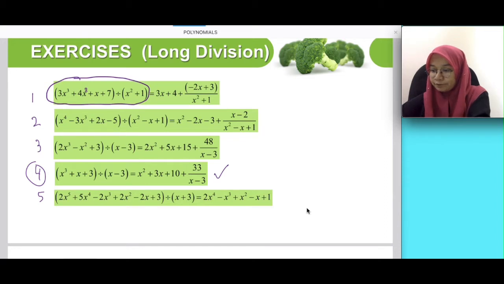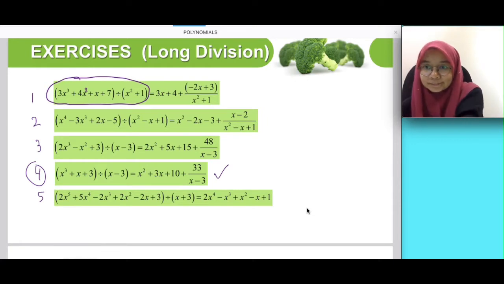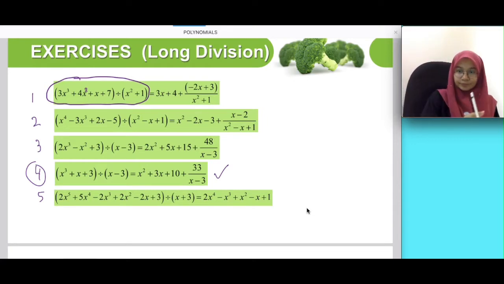Let me check first. Long division. Okay, long division. So let's try to do it together.